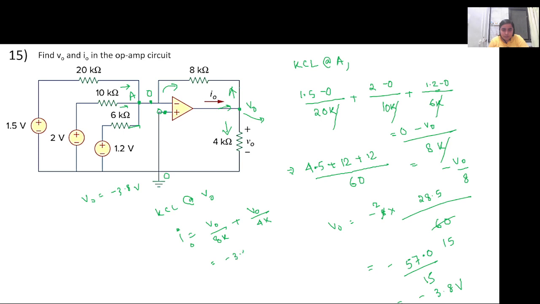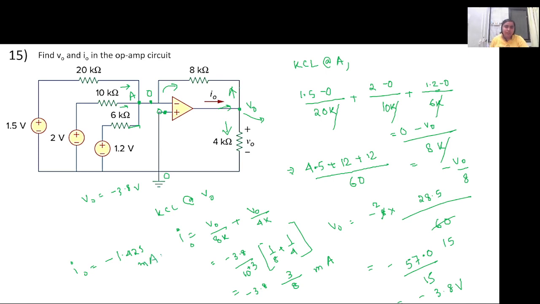So minus 3.8 into 10 to the power 3 into (1 by 8 plus 1 by 4). I'll write it in terms of milliampere. So it is minus 3.8 into 3 by 8. So 3.8 into 3 divided by 8, so I naught is equal to minus 1.425 milliampere.